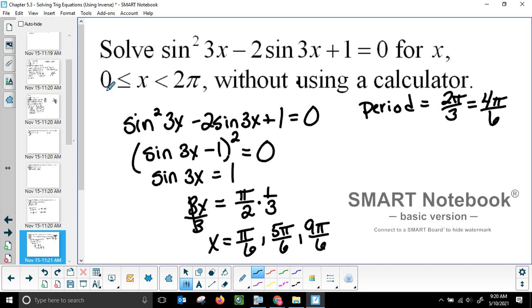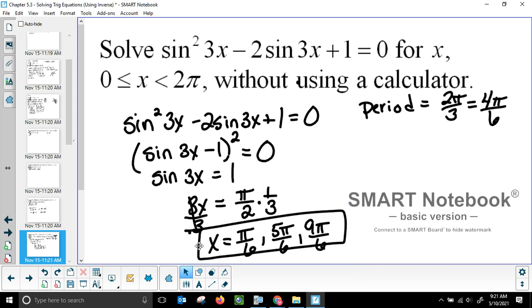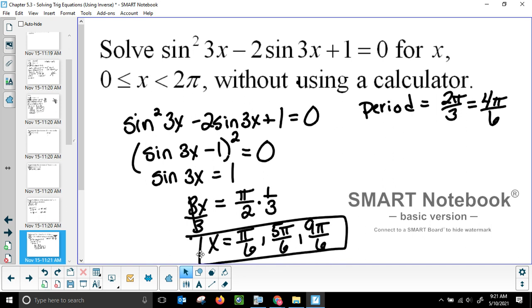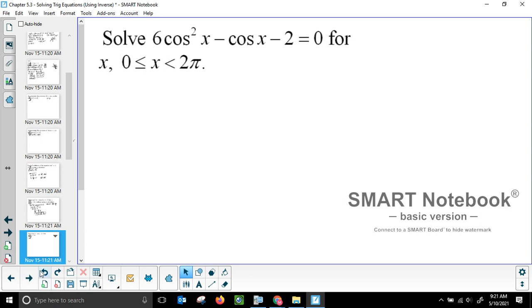Remember, I'm just trying to stay between 0 and 2 pi here. So these are going to be all of my solutions. Fair enough? All right, try this one.